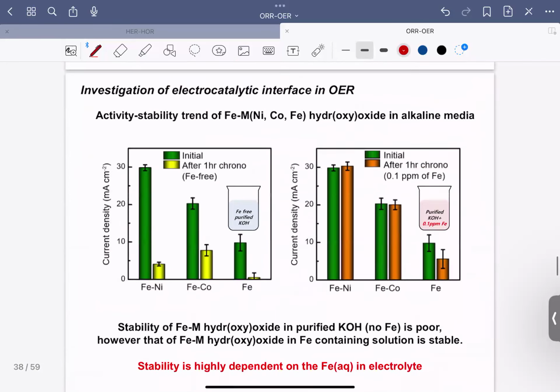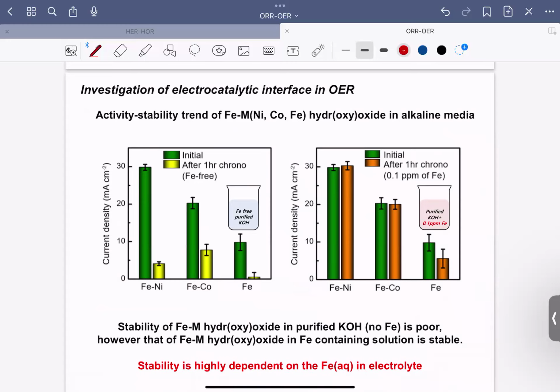After the very brief discussion of the activity and stability trend using the monometallic hydroxide, I jumped into the bimetallic system, because people already figured out that iron nickel and iron cobalt are much better compared to iron, cobalt, and nickel themselves, right? I prepared iron nickel and iron cobalt in a similar way and did the stability analysis as in the figure.